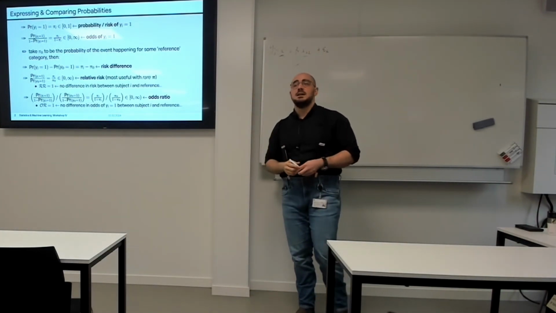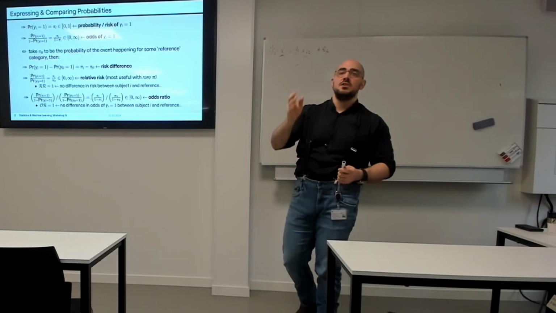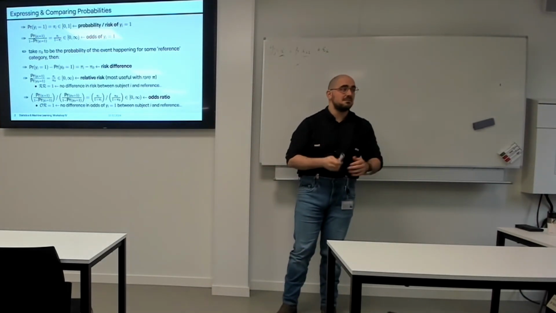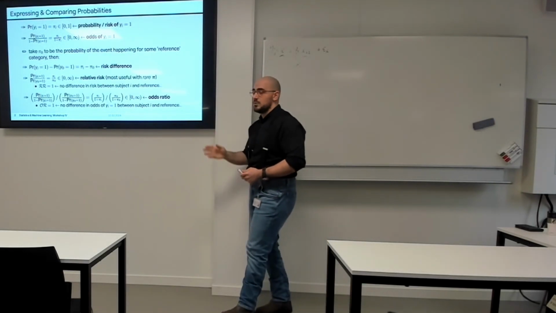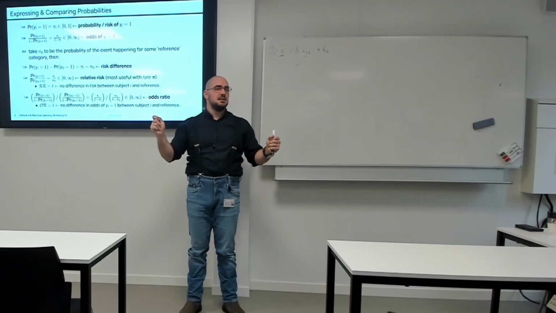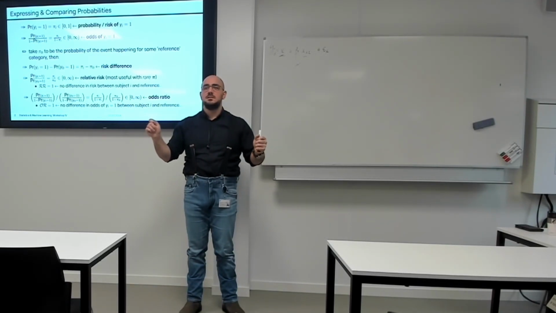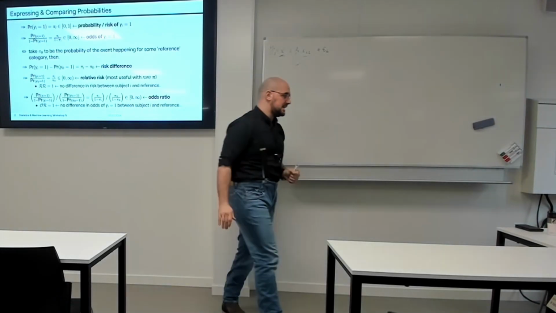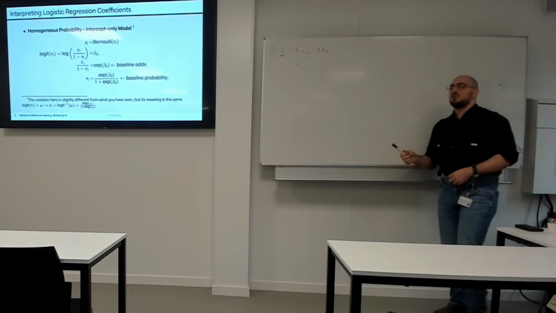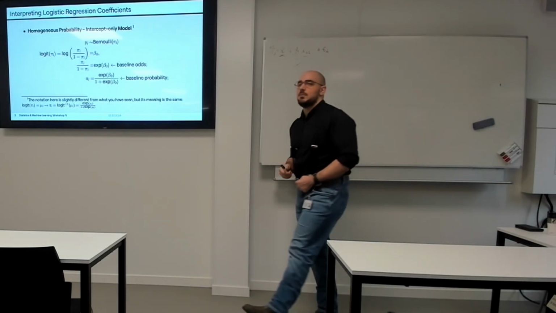We find out that your odds of developing a disease are 2 times those of the reference, or they're the same as the reference, in which case the odds ratio would be 1. Does it make sense? Who has doubts? No doubts. Clear as sky.